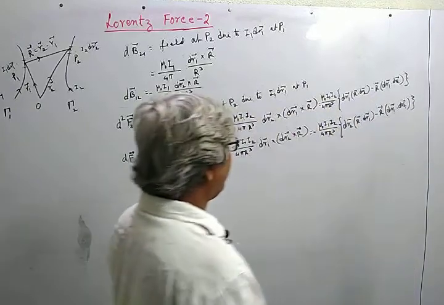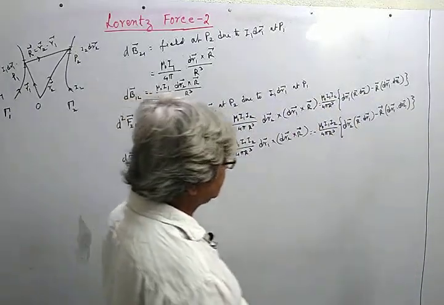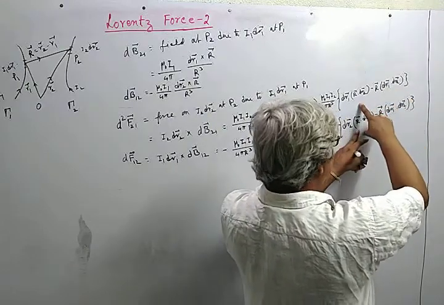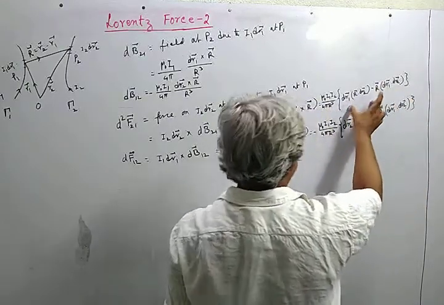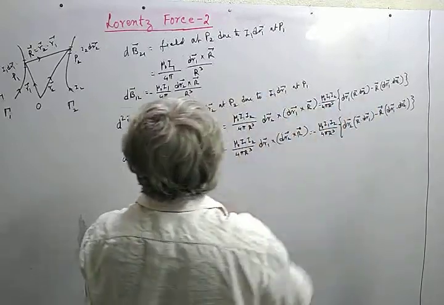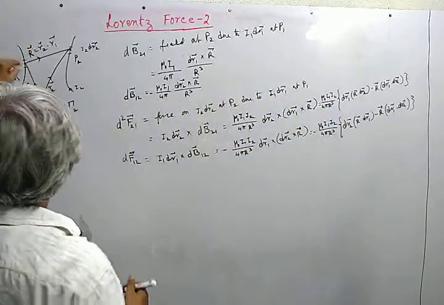You see that these two parts are equal and opposite, but these two are not. This is the force on the conductor 2 due to 1, which has a component along this.